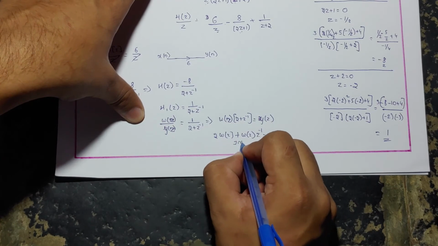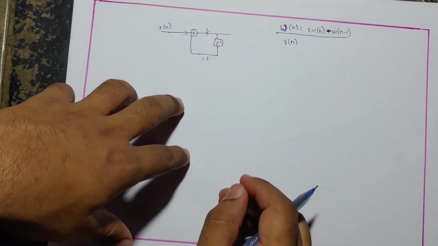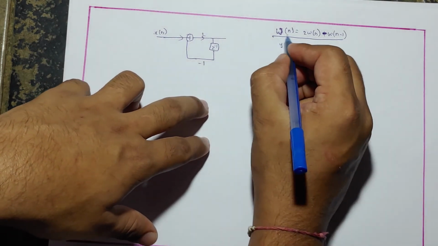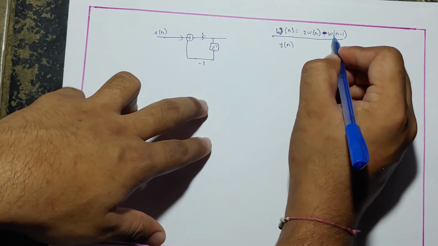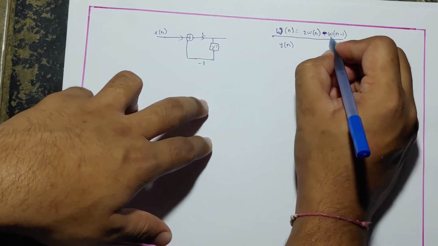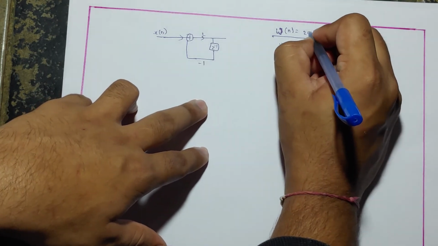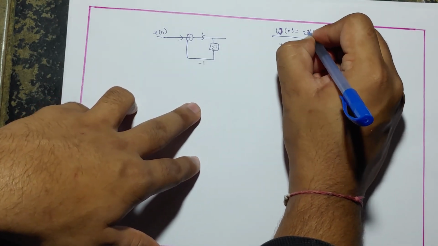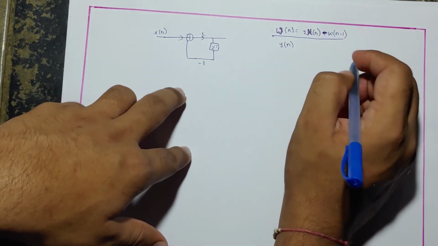By applying the inverse z transform, let us realize it. We got the equation as w[n] is equal to 2 times x[n] plus w[n-1].